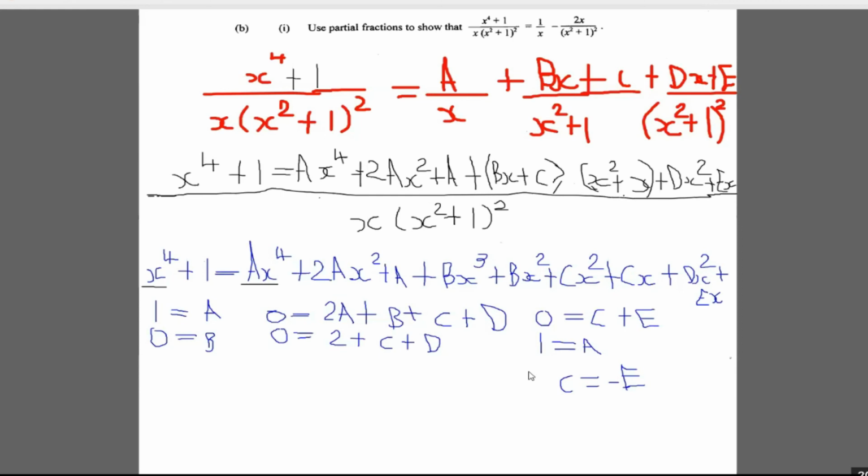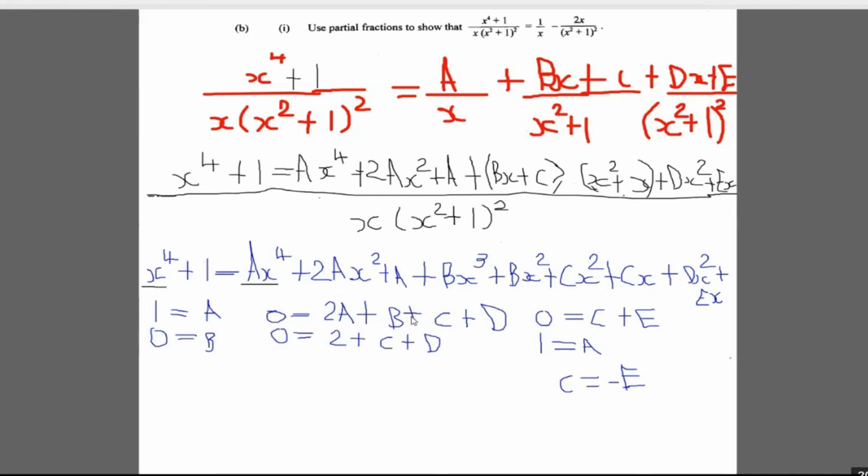So let's go back now and look through it. X to the 4, this is ax to the 4, so indeed 1 is a. For x cubed, the coefficient is b, and so 0 equals b. And let's go back one more time. With the x squared terms we have 2a plus b plus c plus d.